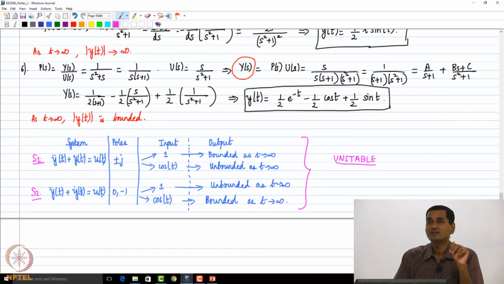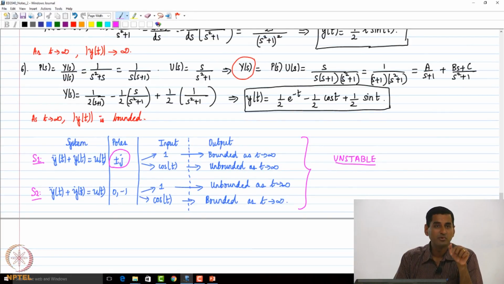It so turns out that only when the input becomes a sinusoid whose angular frequency is equal to the magnitude of the poles on the imaginary axis, the output becomes unbounded. So what was the magnitude of the poles?